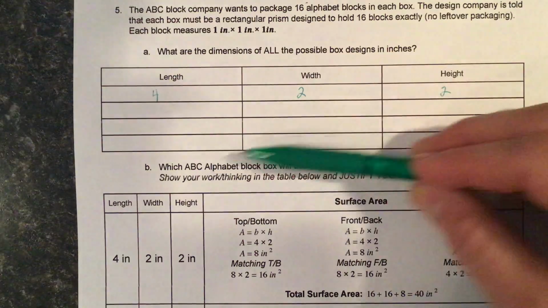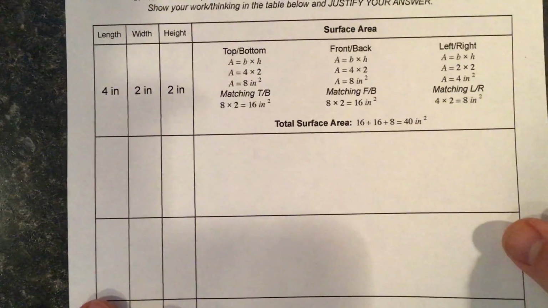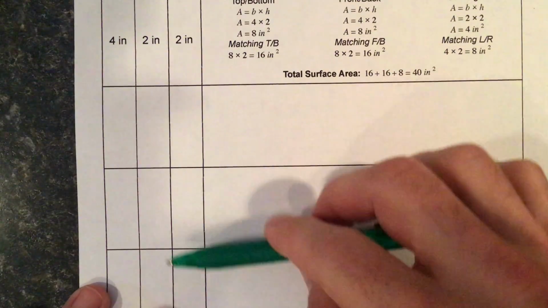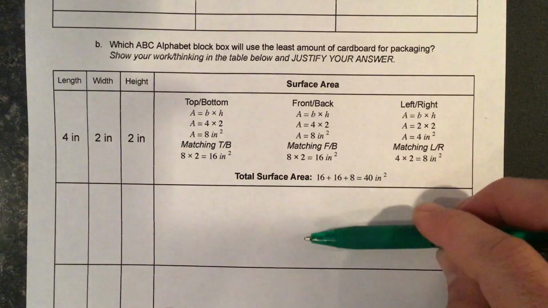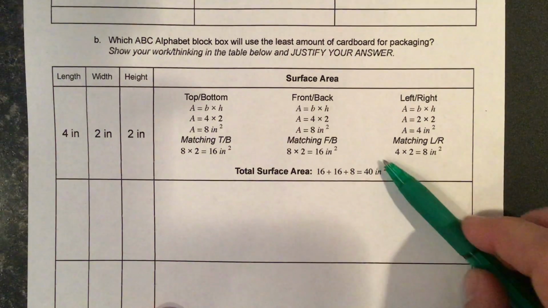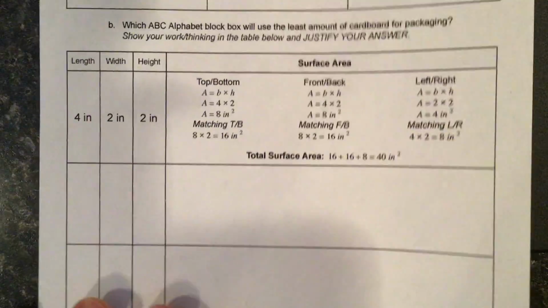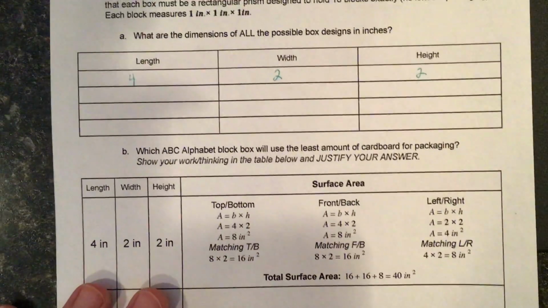And so there's a couple other options on here that you're going to find, thinking about how those blocks could be arranged. And then once you do, you're going to use those numbers that you come up with, and you're going to have to find the surface area of each one of those boxes to see which one would use the least amount of cardboard to make it, because they're not all going to use the same amount. Alright, so that's a little bit of work on that one.